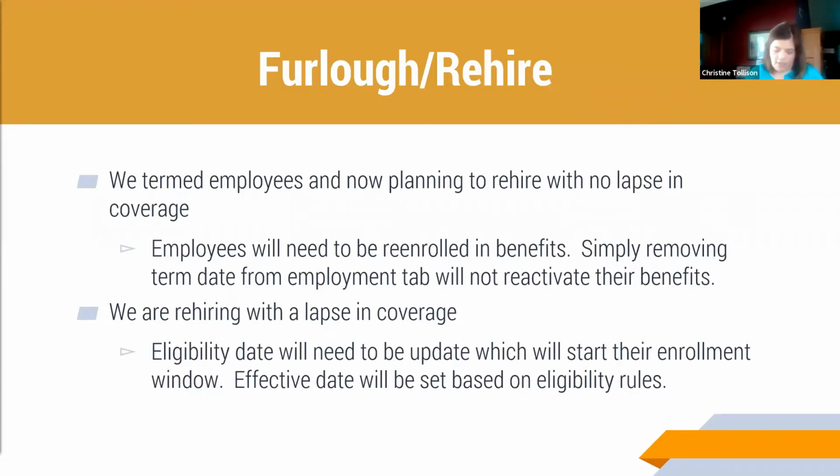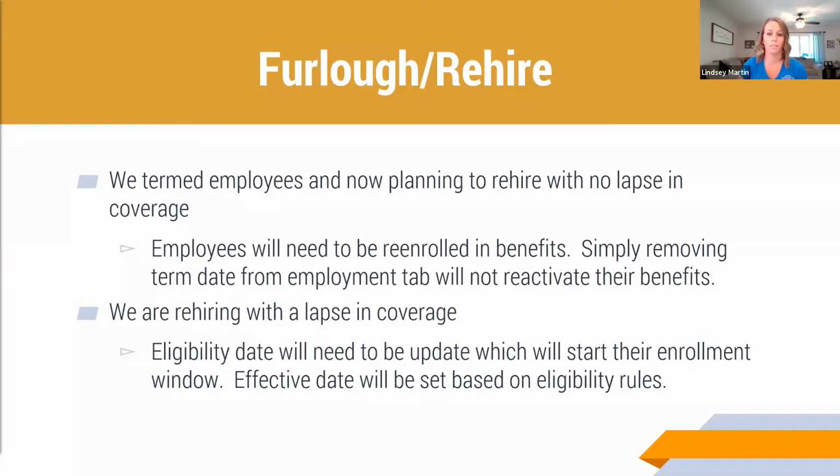With COVID-19, we have seen a rise in questions with regards to furloughs and rehires. And so we just wanted to talk a little bit about that process and how that looks when, say, you've termed an employee in the system and now you're planning to rehire them with no lapse in coverage. I was going to have Lindsey speak to both of these scenarios to hopefully clear up some confusion and answer your questions.